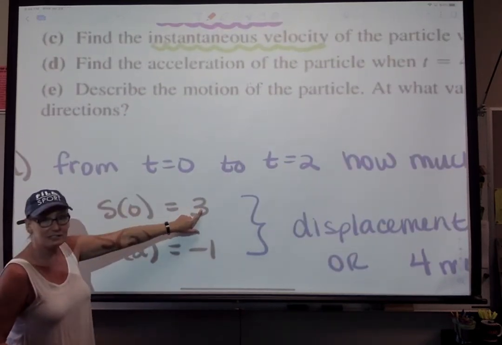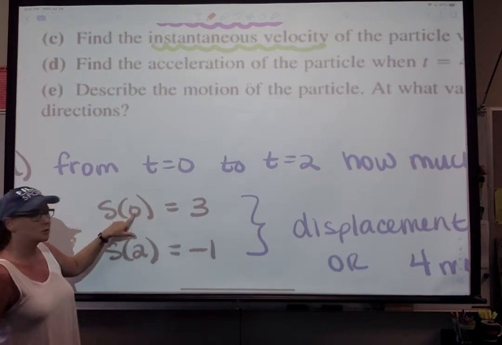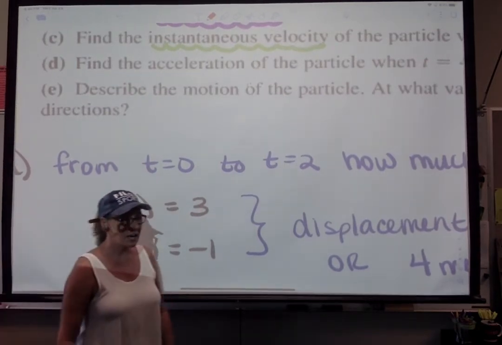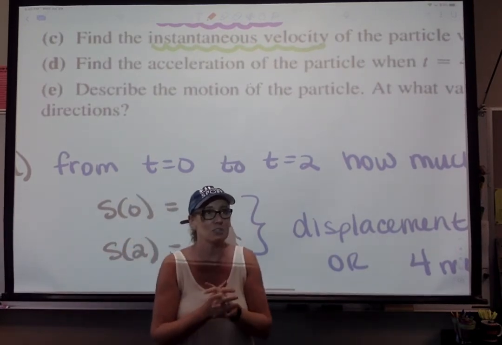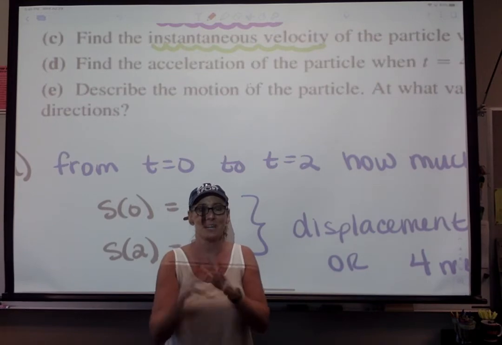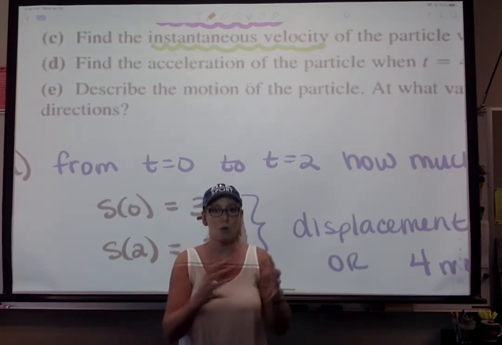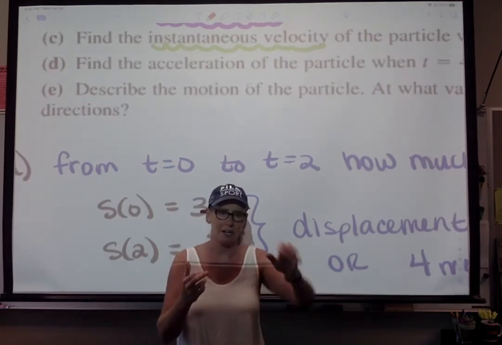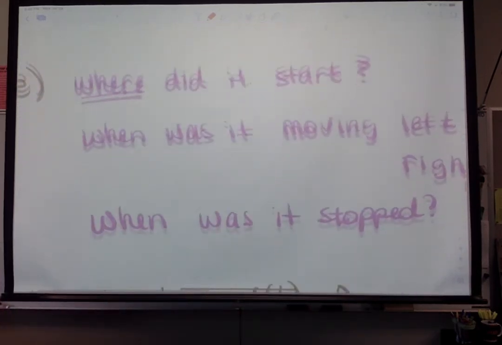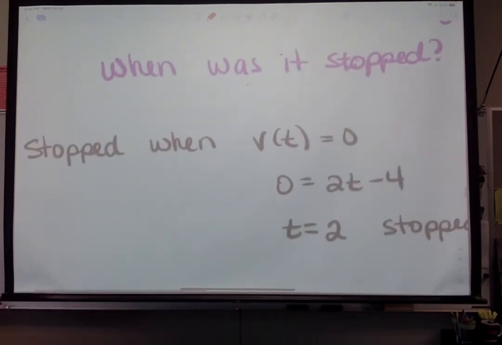It was already somewhere when our experiment started. It wasn't like the particle was just hanging out at the origin saying, tell me when to go. We decided, hey, let's do an experiment on it. Anyway, it was stopped when t equals 2.